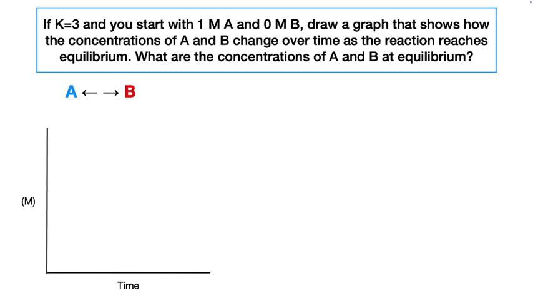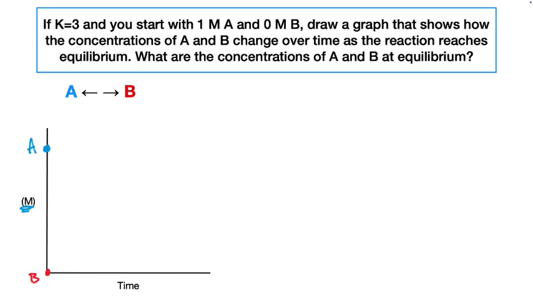So to start off with, our molarity is on the left. If I was going to draw A, where should I start A? The top of this line or the bottom of it? I started up at the top. So that's where my A should start. Where should B start? Should start at the bottom because I don't have any B.